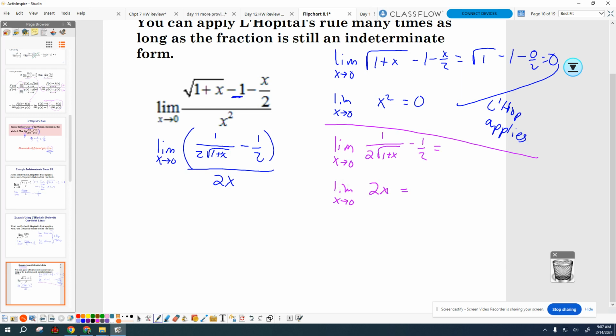Plugging in 0, I get 1/2 times the square root of 1 minus 1/2, which is 0. And down here I get 0. So again, L'Hopital's applies. Derivative of the denominator is easy. Numerator, that half goes away. Here, multiply by the power, which is negative 1/2.